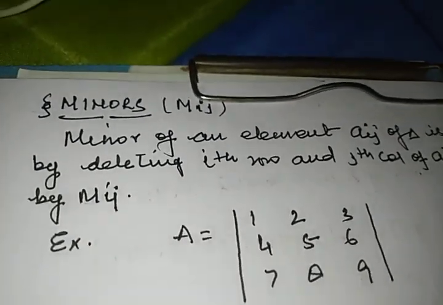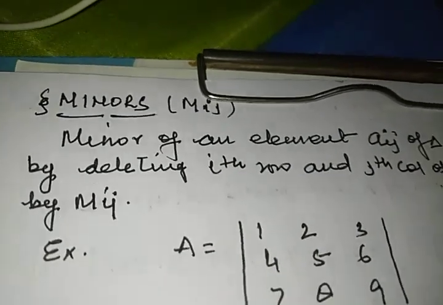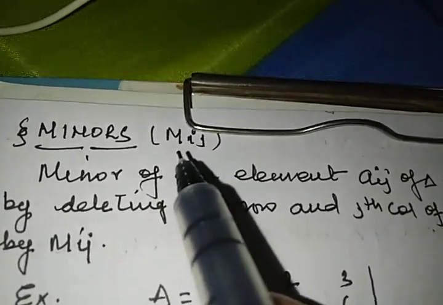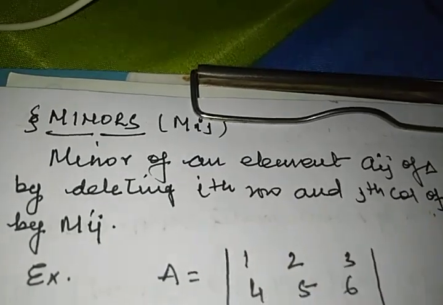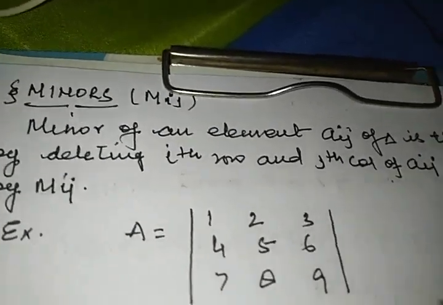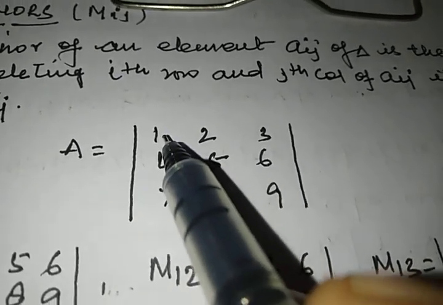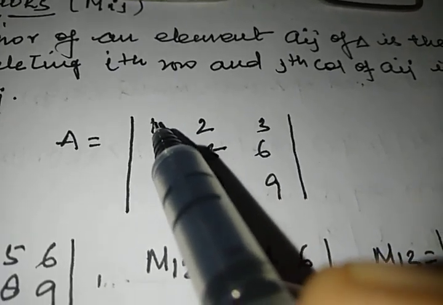Next thing is minors. Minors are denoted by capital M-I-J. So for finding the minor, suppose you want to find the minor of 1, that is A11.